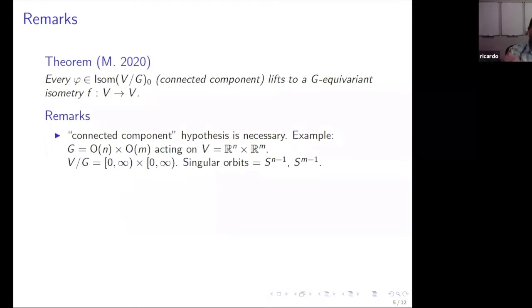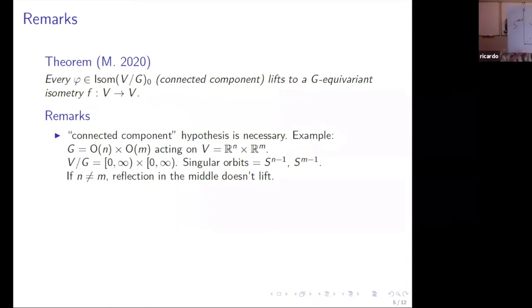And along the x and the y axis there, you see the singular orbits. The singular orbits are S^(n-1) and S^(m-1), right? So what's the isometry of this first quadrant of the plane? I actually have a picture here, so I'm going to show it again on my camera. The quotient is the first quadrant.